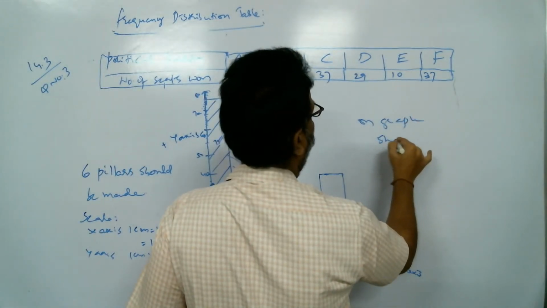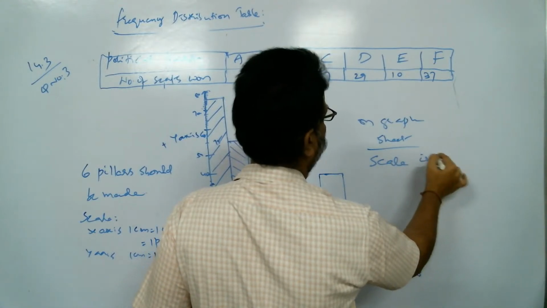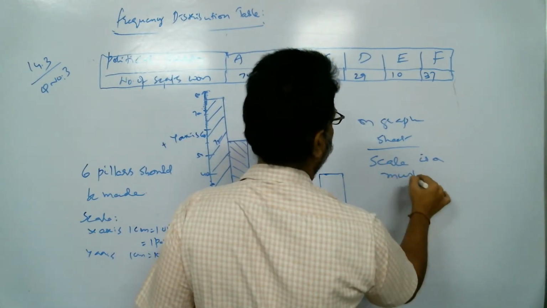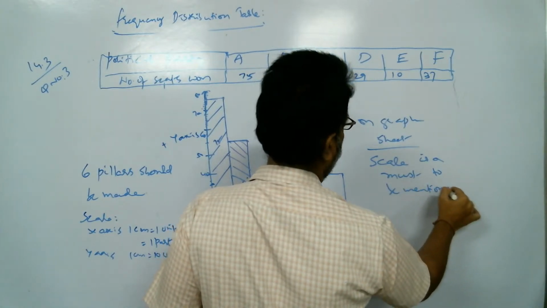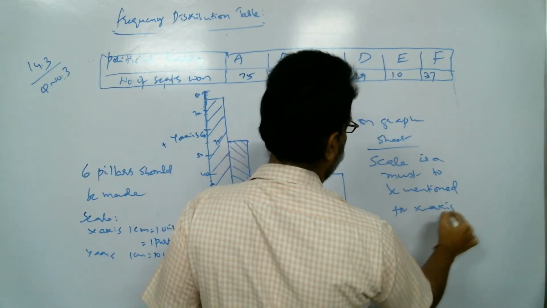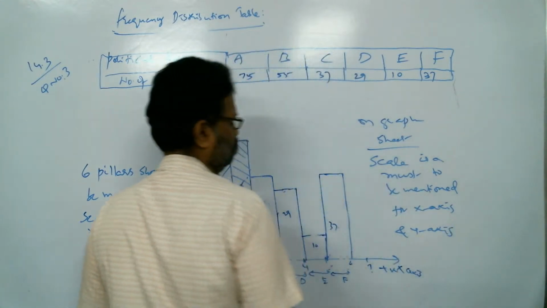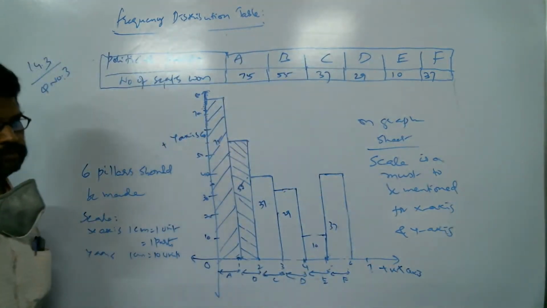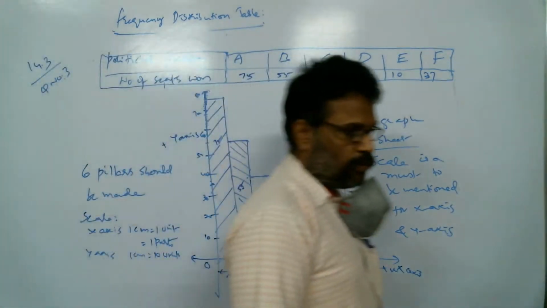Graph sheet. Scale is a must. Scale is a must to be mentioned for each axis, for x-axis and y-axis. I think you are clear now. Have you understood, all of you?